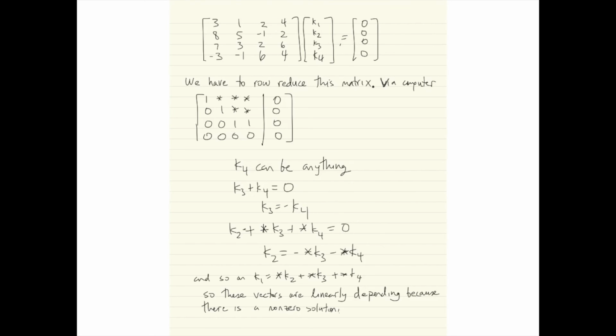Just take k4 to be something non-zero like 1, and then k1, k2 might happen to be 0 depending on what these unspecified coefficients are. But because k4 is 1, we know that there is some non-zero solution, and therefore these vectors are linearly dependent.